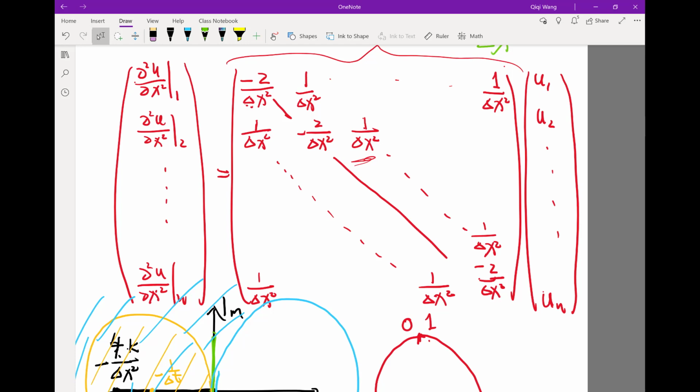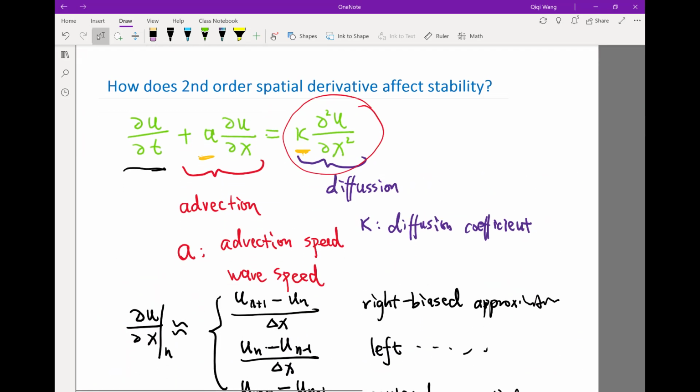One last thing: at the end of the last lecture, we showed that when we have an equation that combines a first order derivative with a second order derivative, discretizing the first order derivative using a central scheme works much better than solving an equation without kappa, without a second order derivative, with a central scheme.